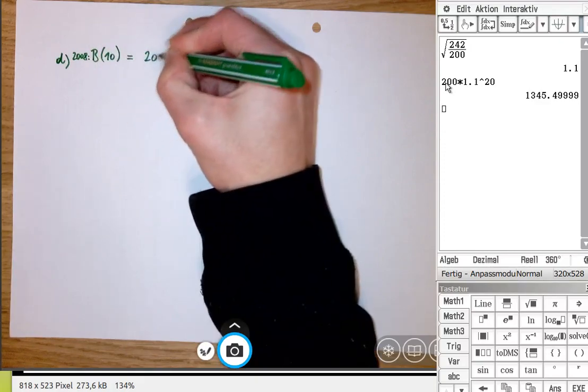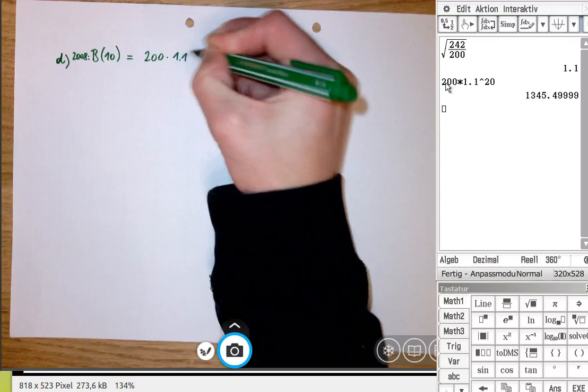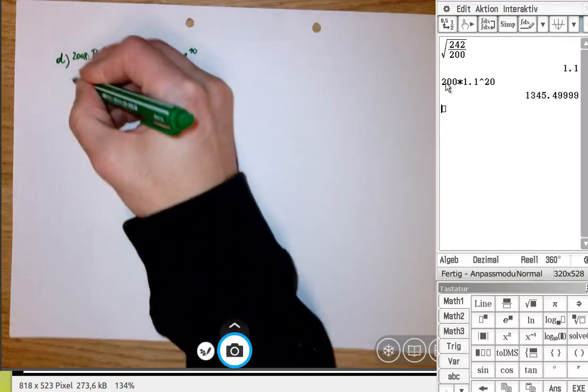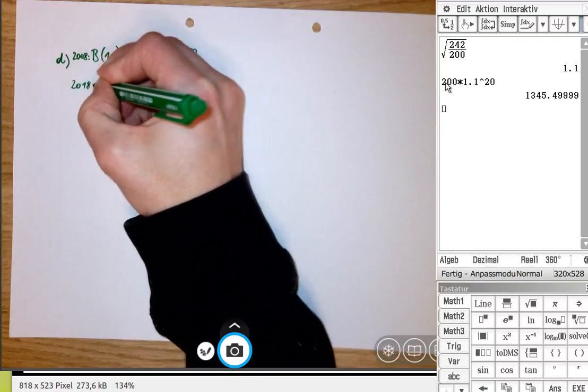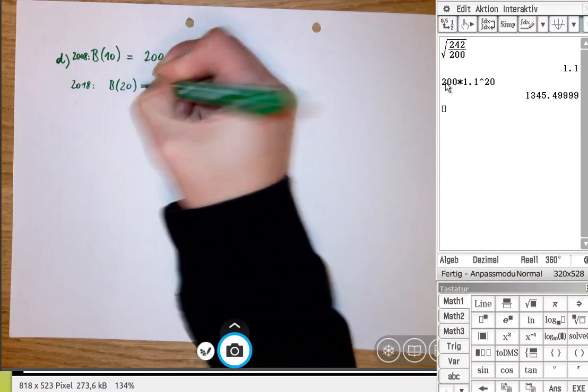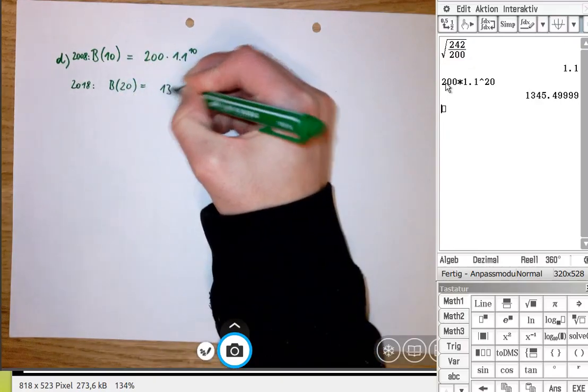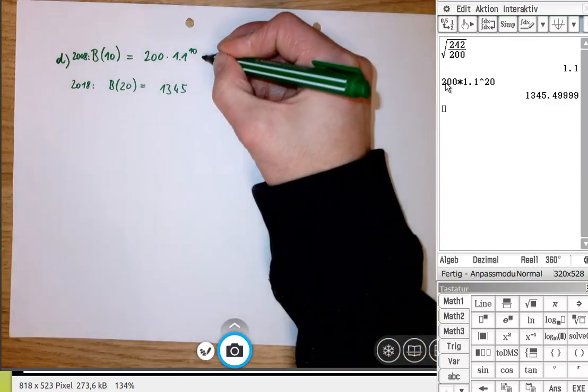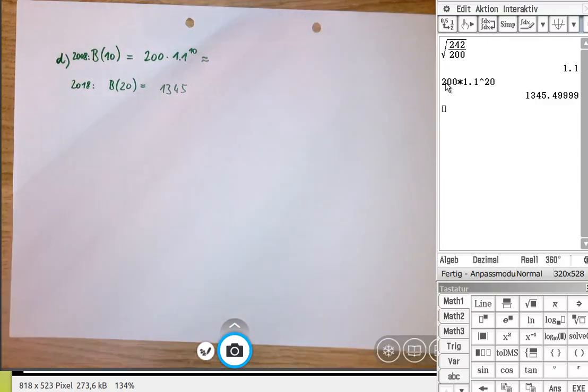That's 200 times 1.1 to the power 10. And we want to compare it to 2018. We know that B(20) equals 1,345. That was the result from before. Let's just calculate this one.